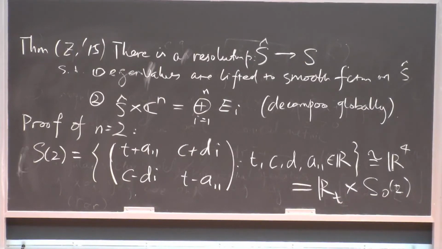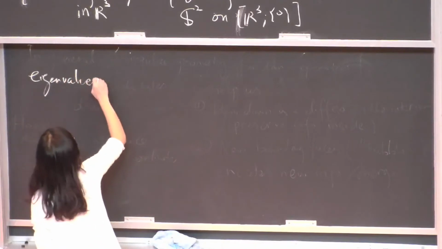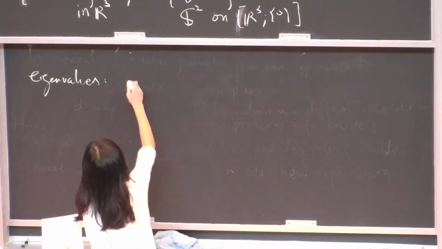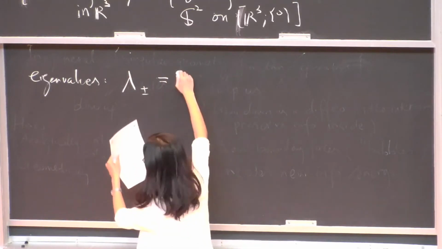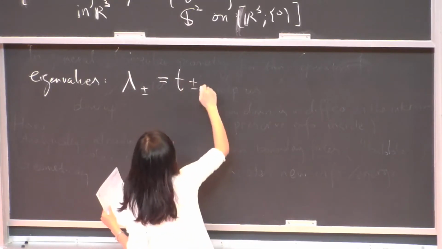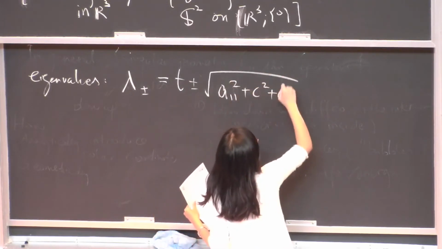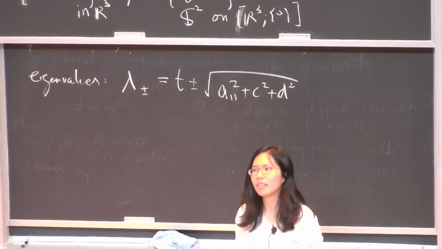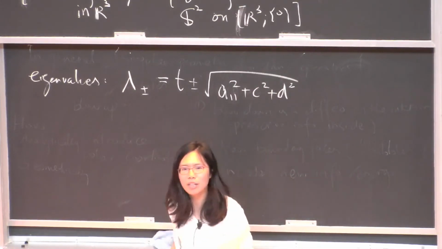Now I'm just going to do the following computation immediately. In this case, the two eigenvalues are written as T plus or minus the square root of A11 squared plus C squared plus D squared. If you're bored, you can just do it here.